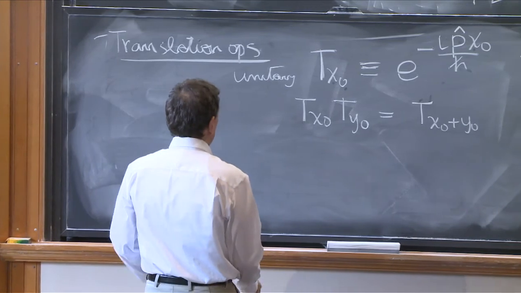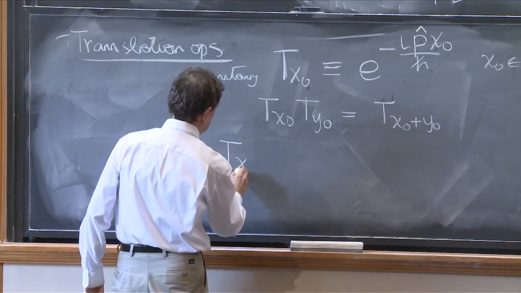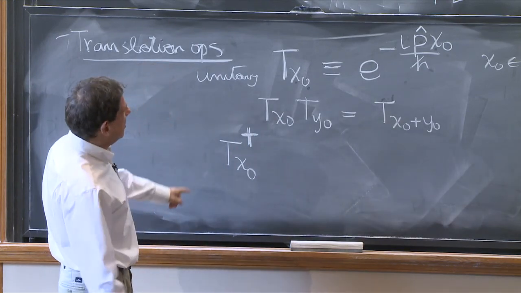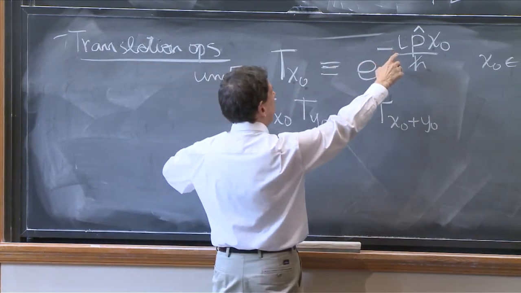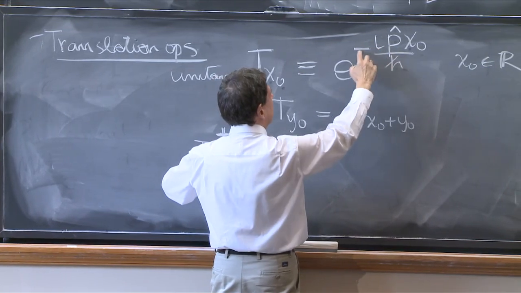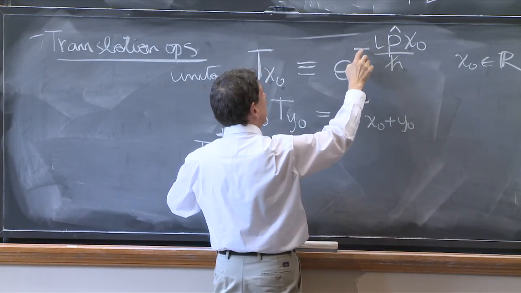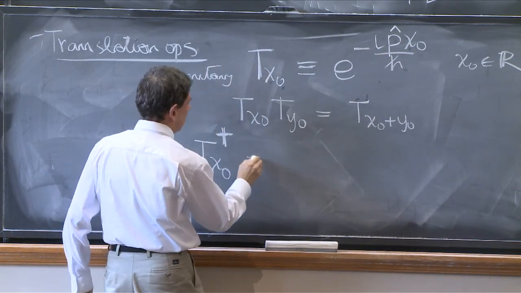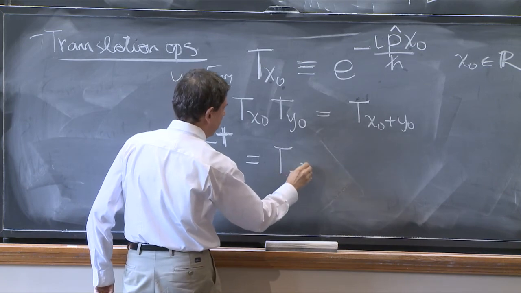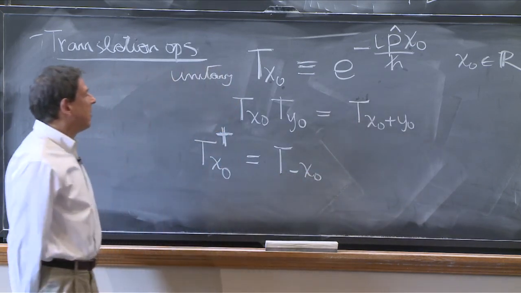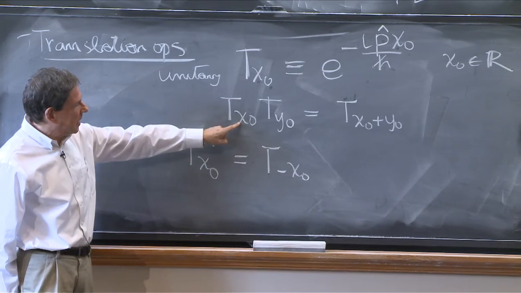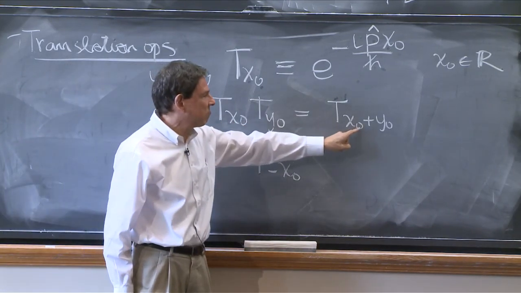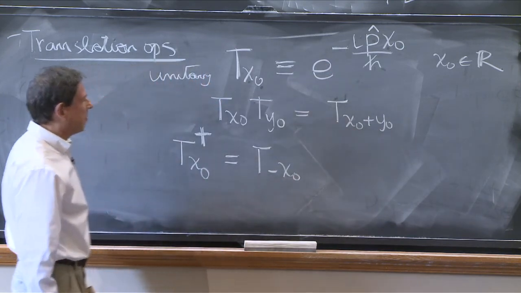So what is T(x0) dagger? If you take the dagger, you change the i for a minus i, so it's exactly the same as changing the sign of x0. So this is T of minus x0. And by this identity, T of minus x0 with T of x0 would be T of 0, which is the unit operator.